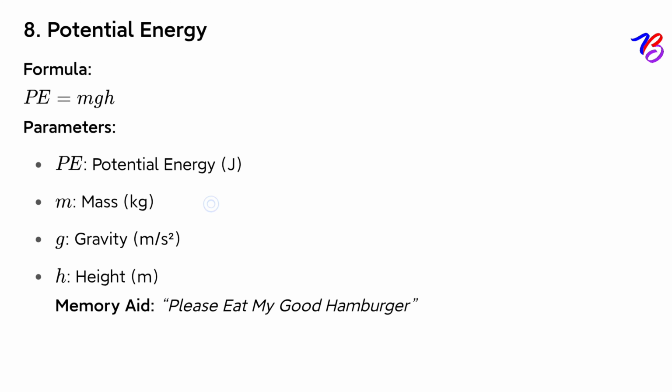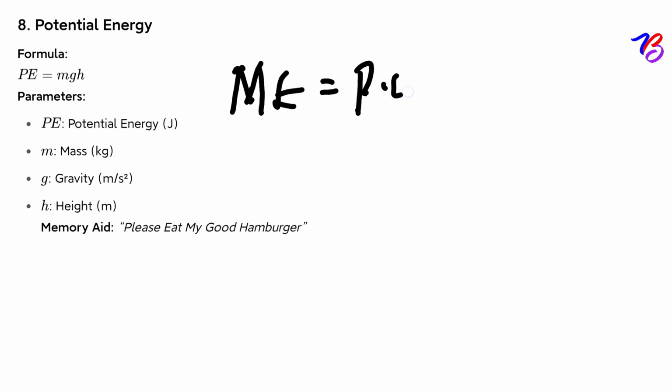Are we together? So if we have this formula this way, how do you memorize that? Please eat my good hamburger. With these, you should be able to memorize ME is equal to PE plus KE. Are we together?